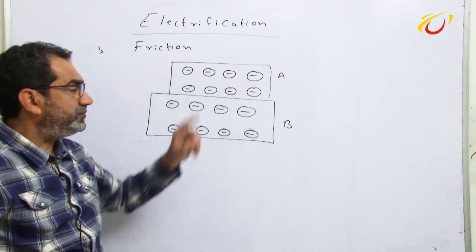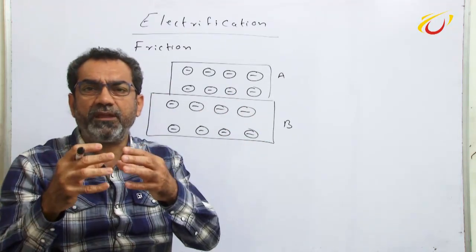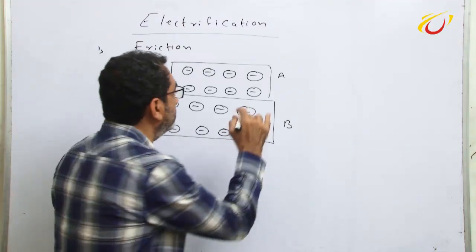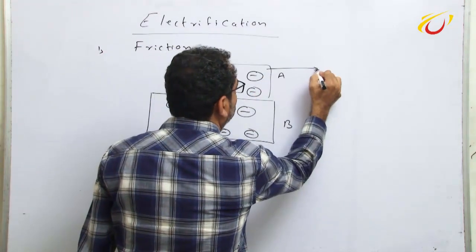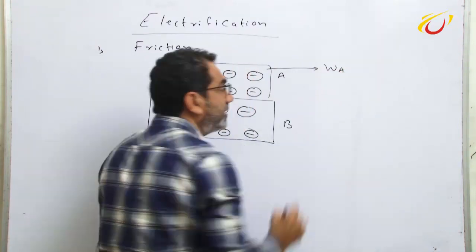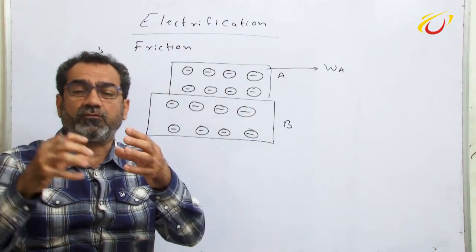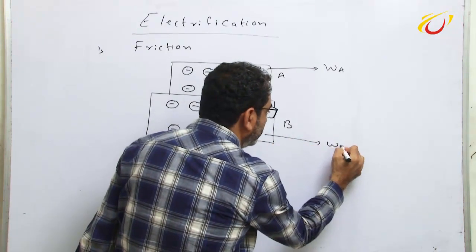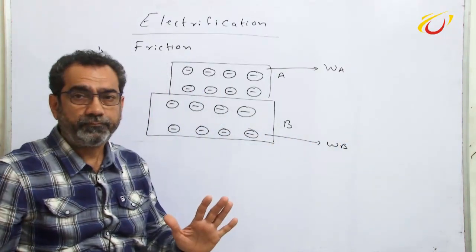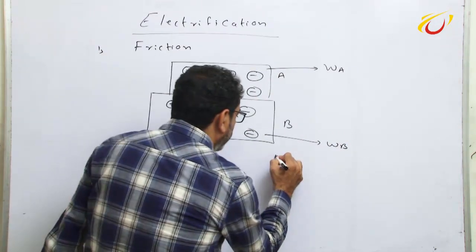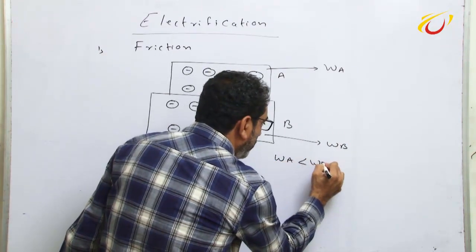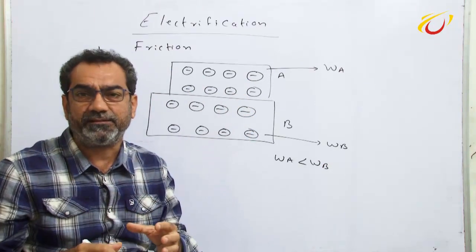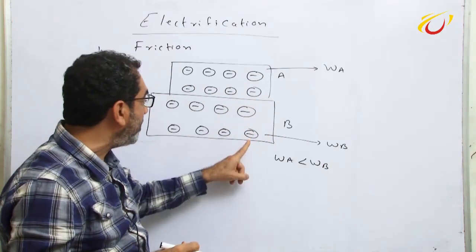Suppose the electrons are bound in body A with energy Wa, called work function, and in body B the work function is Wb. I say Wa is less than Wb, which means the electrons in A are bound with lesser energy as compared to B.